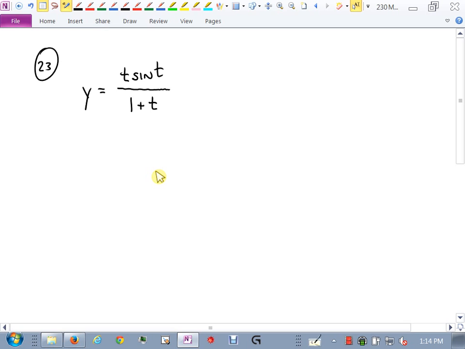But we can use quotient rule. We have a top, we have a bottom, right? So setting up the quotient rule, the derivative of y will be the derivative of the top times the bottom. The bottom has 2 terms, so I need to put in parentheses.